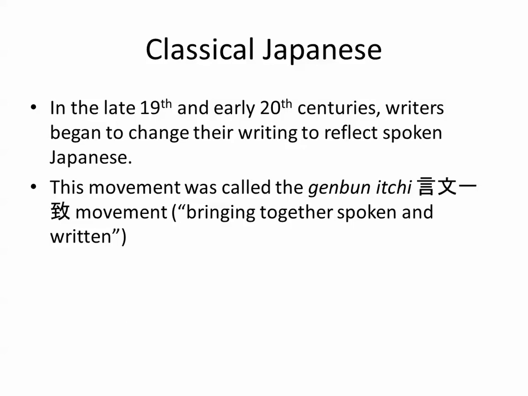And so in the Meiji period, there was a movement, unofficial, this is not a government thing. It was called the Genbun Ichi movement, and that Genbun Ichi means bringing together the spoken and the written. Many people felt that that schism, that huge gap, needed to be filled. And it could be fixed or filled by uniting the spoken and the written word.